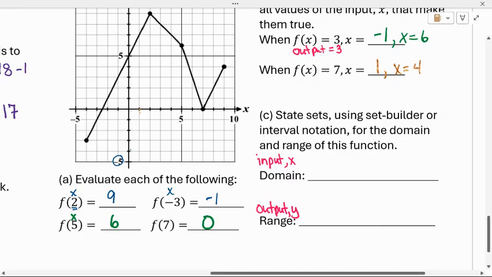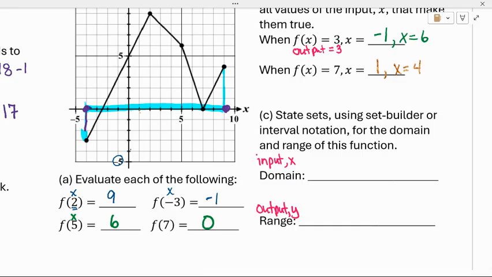So my x values run from here all the way to here. Because this is a filled in circle, it means that this x value is included, and because this is a filled in circle, this x value is included as well.